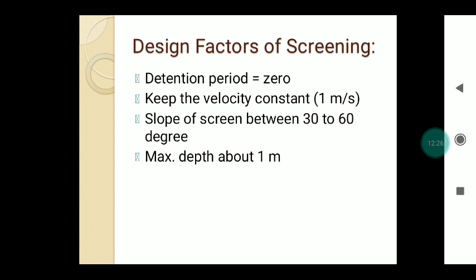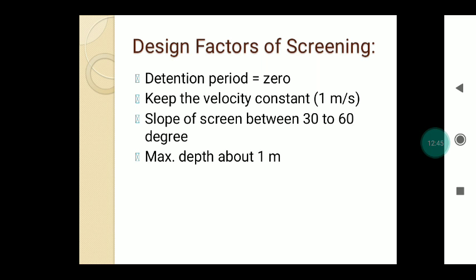Some factors are considered while designing the screening. The first one is the detention period, which is equal to 0. That means the flow is continuous while operating the screening, and there is no stagnant water in a screening.